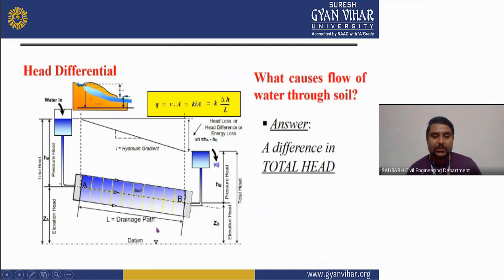Here is your soil sample, and there is also the hydraulic gradient, which is represented by i. Q equals V times A, where V is the velocity of flow, and V equals k i, with i equal to delta H upon L.